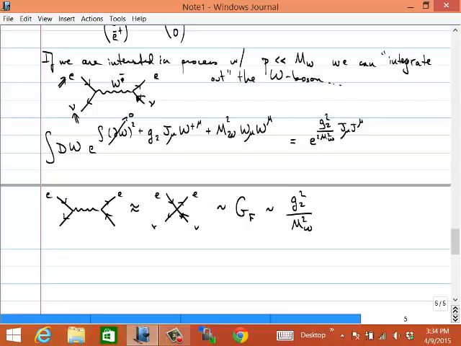So intuitively, this hopefully makes sense. If the W boson is really, really massive, then this is going to be a very small coupling between these guys. Okay? It's going to be very difficult for them to exchange a W boson. But if you increase G2, which is the strength of the coupling to the W boson, then this interaction strength is going to increase. Okay?